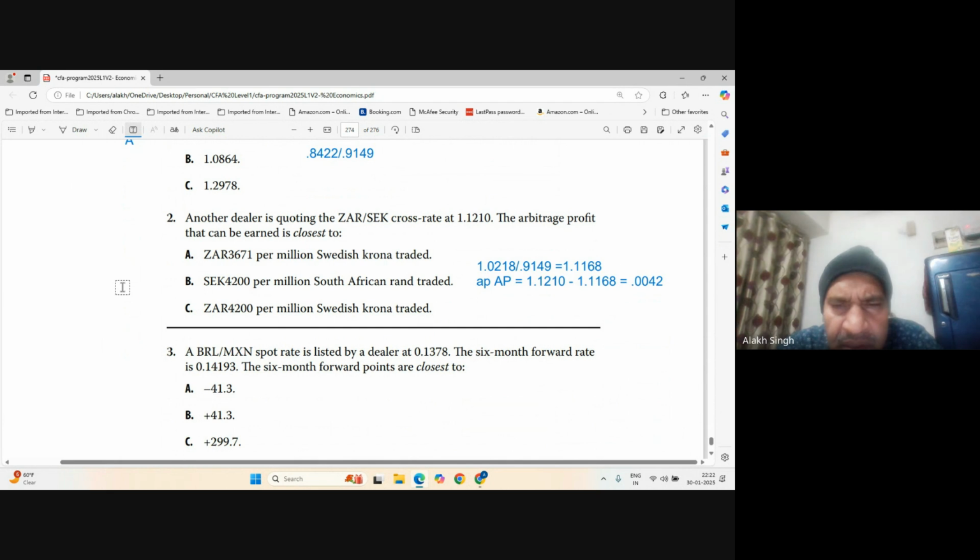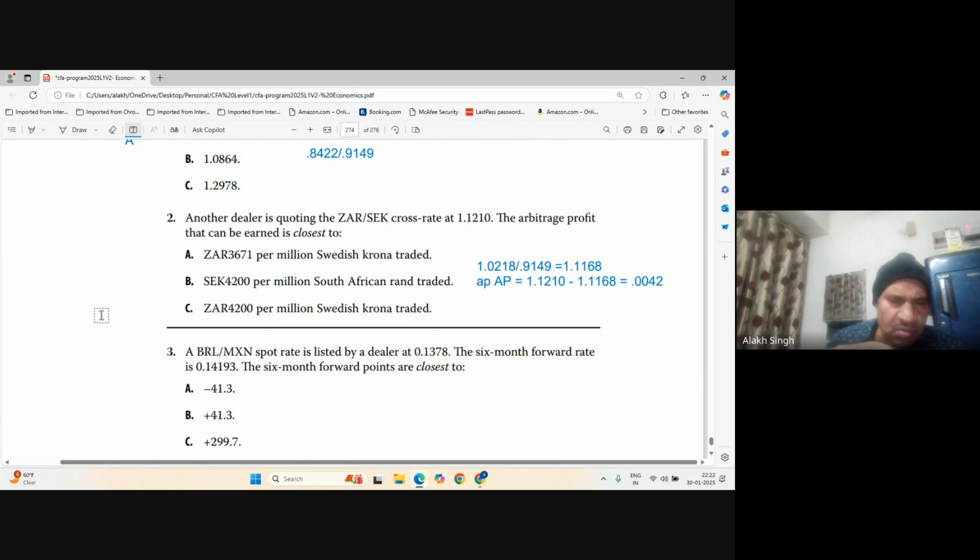So this is per SEK, because we are making profit per SEK. We are making ZAR per million Swedish krona, so SEK is the base currency. This is not rand; we are dealing with ZAR now. So ZAR by SEK, and C is the correct answer.